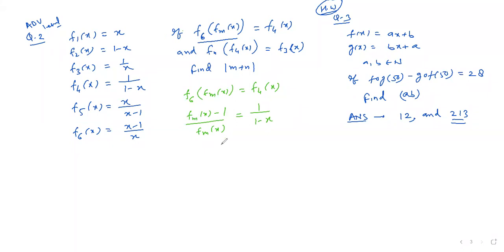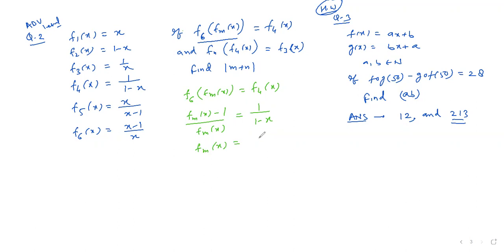Cross multiply. So this is 1 minus x multiplied by this, multiplied by this. What does fmx come out to be on solving?